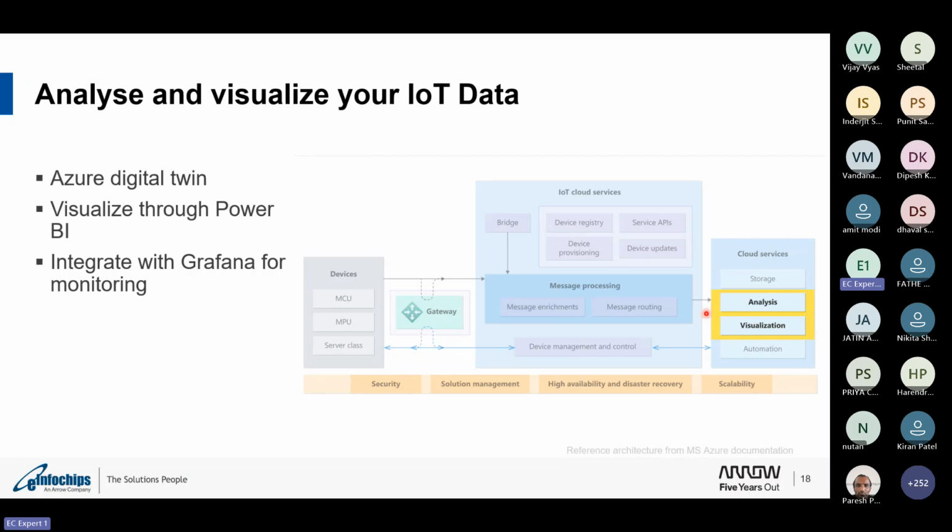So these are the kind of use cases you can implement through visualization and digital twin that can represent the actual state of the physical item or physical thing, right?